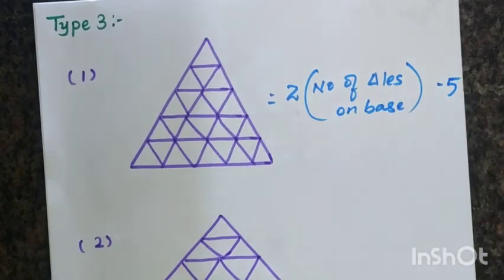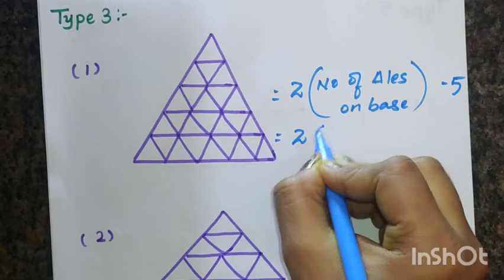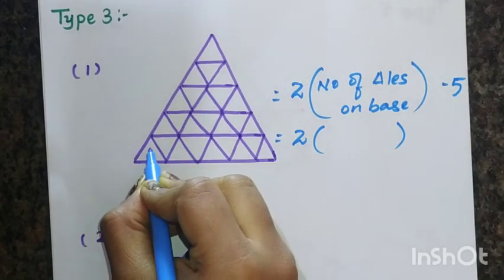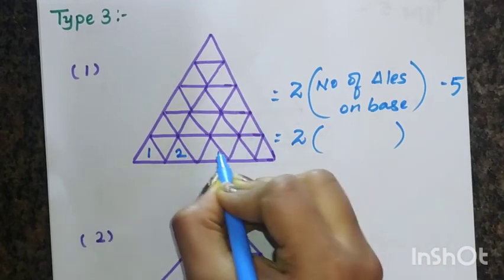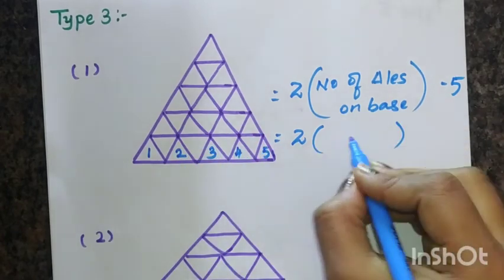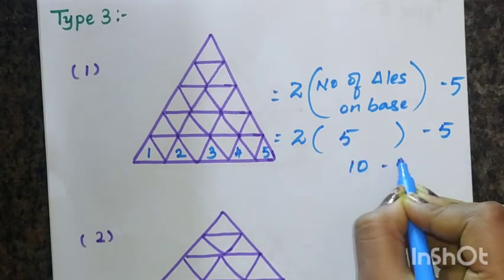So this is the formula. So 2 into number of triangles in the base. This is the base. This first triangle, second triangle, third, fourth and the fifth triangle.